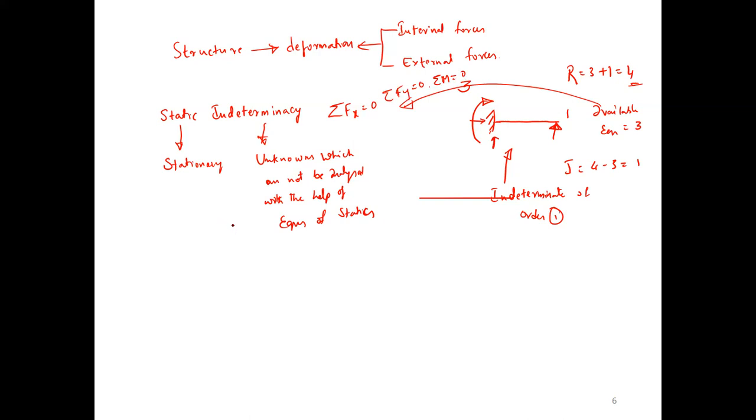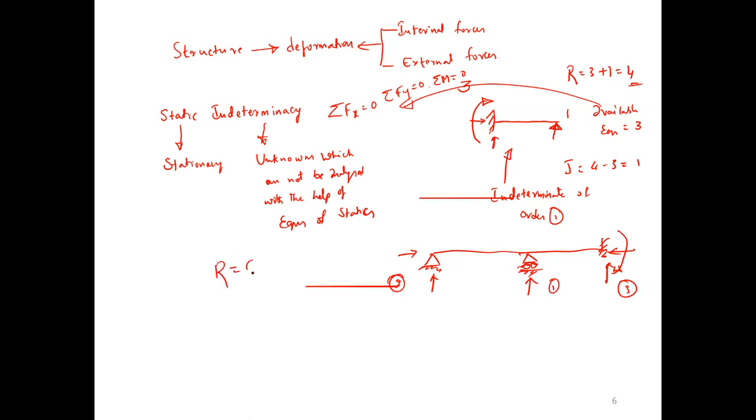But strictly speaking, when they are asking questions, the direct way of doing the problem, identifying the indeterminacy, is very, very simple. How? We first identify the reactions. Here hinge, 2; here this is roller, 1; once again here fixed, 3. So total 2 plus 1 plus 3, the total reactions are 6. The available equations are 3.